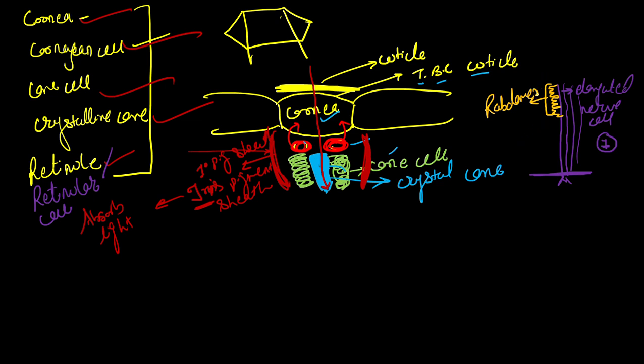Am I saying it correctly? No, rhabdomere it will be forming, okay? Suppose one rhabdomere you have here, another here, another here. All these rhabdomeres will combine to form your rhabdome.